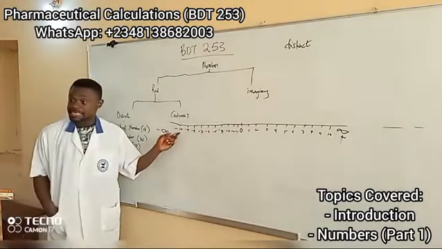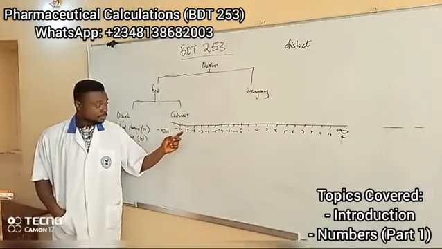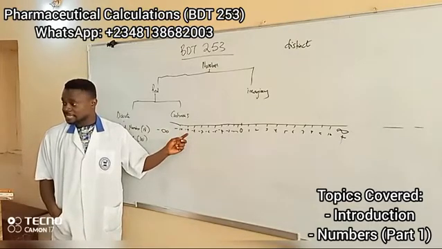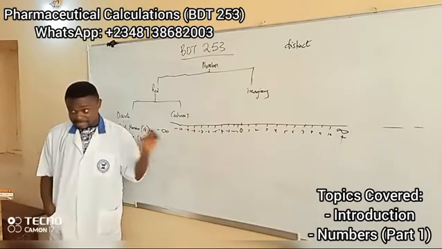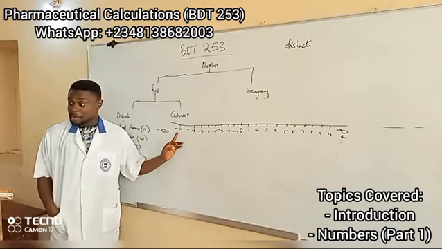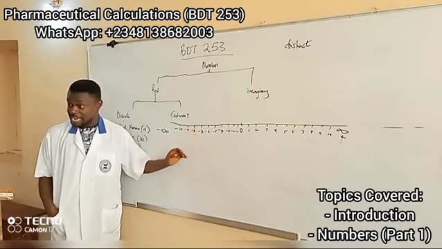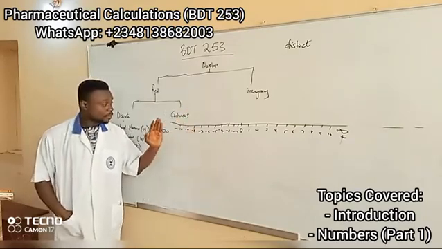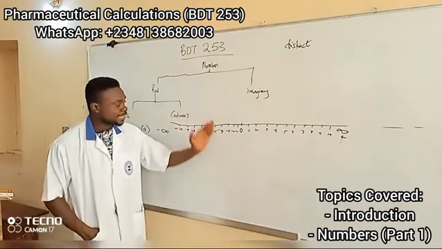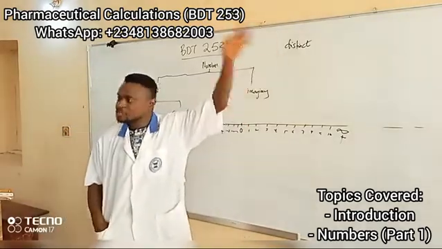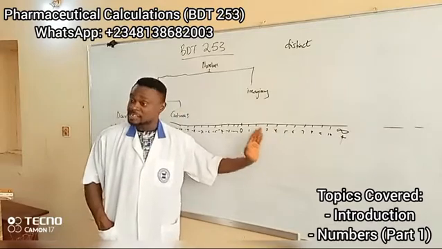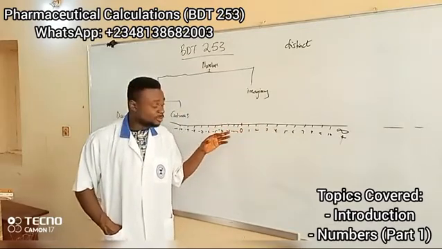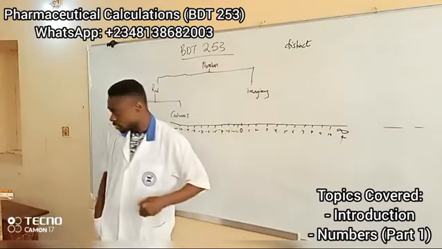So minus 10 is an integer. Minus 9 is an integer. These discrete numbers duly represented on this number line are integers, from minus 10, minus 9, minus 8, minus 7, minus 6, to 0. You can present it fully without breaking down anything. That is integers.